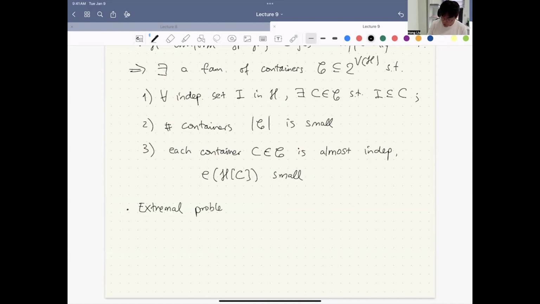Here's the extremal problem of the number of edges. If you have an n-vertex triangle-free graph G, then the number of edges is at most n squared over 4. There's some floor, okay, let me put 4 here. And the optimal is the complete bipartite graph. Now we can also ask for a counting problem.